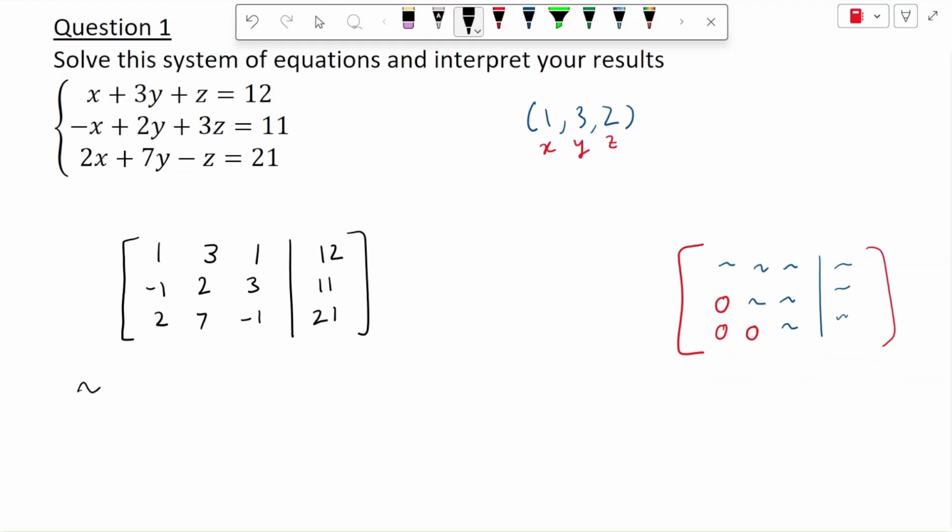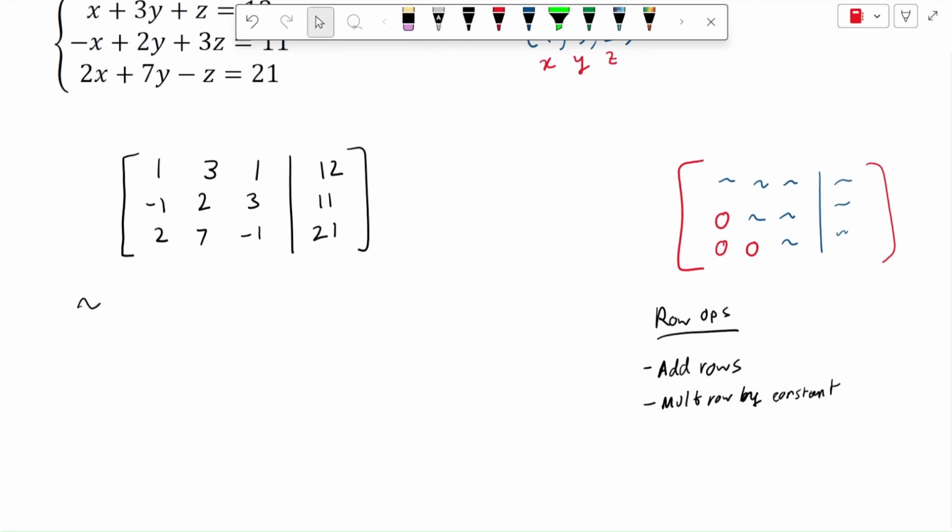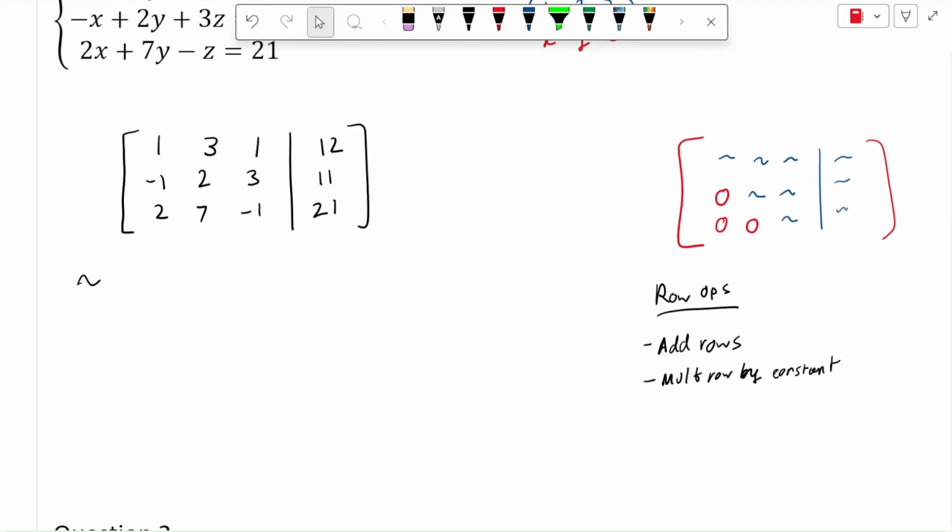And we're allowed to do certain row operations. So the row operations we can do: add rows. We can multiply a row by a constant. So you can't multiply two rows together. You can multiply a row by a constant number. And we can swap rows. That last one is not super common.